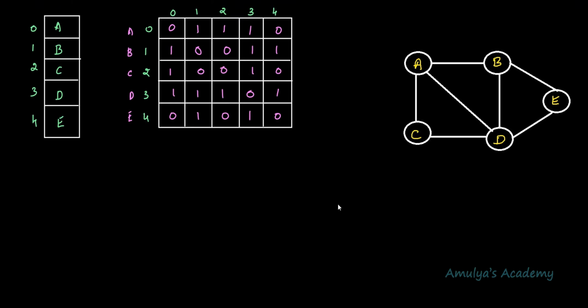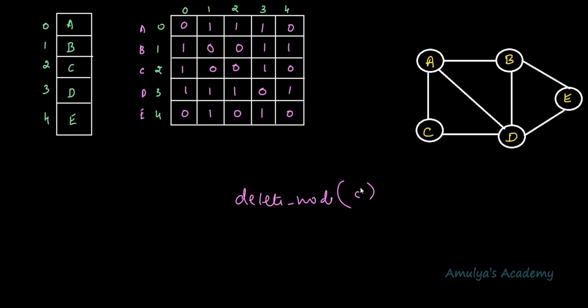Now if I want to delete C, the first step is to check whether C is present in the graph. So we'll check whether C is present in the nodes or not. This is the nodes list and this matrix is called graph in our program. First I'll check whether C is present in the nodes. Yes, it is present. Here you can see. So that condition becomes false in the program, and the control goes to the else part.